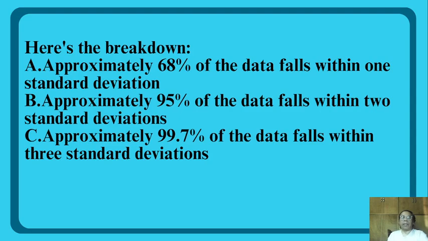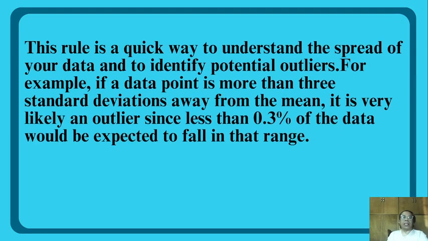Approximately 95% of the data falls within two standard deviations. And then approximately 99.7% of the data falls within three standard deviations. This rule is a quick way to understand the spread of your data and to identify potential outliers.